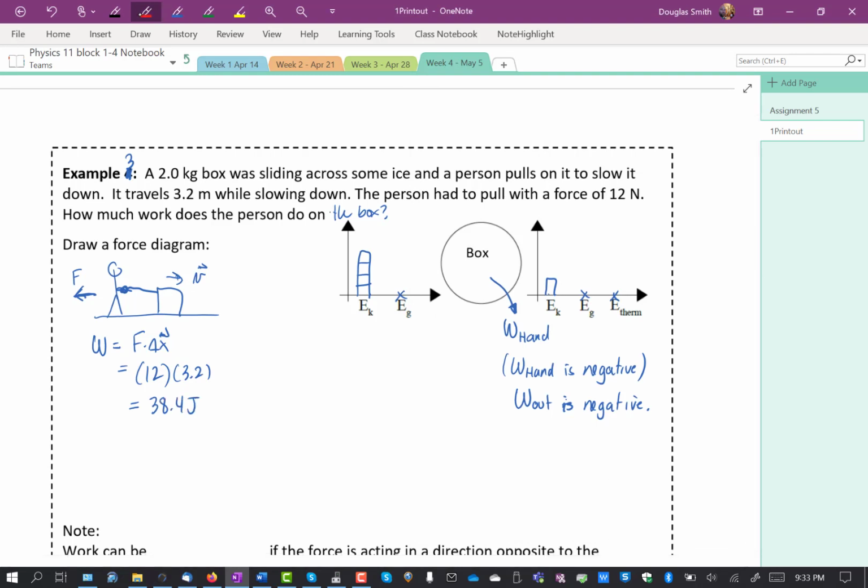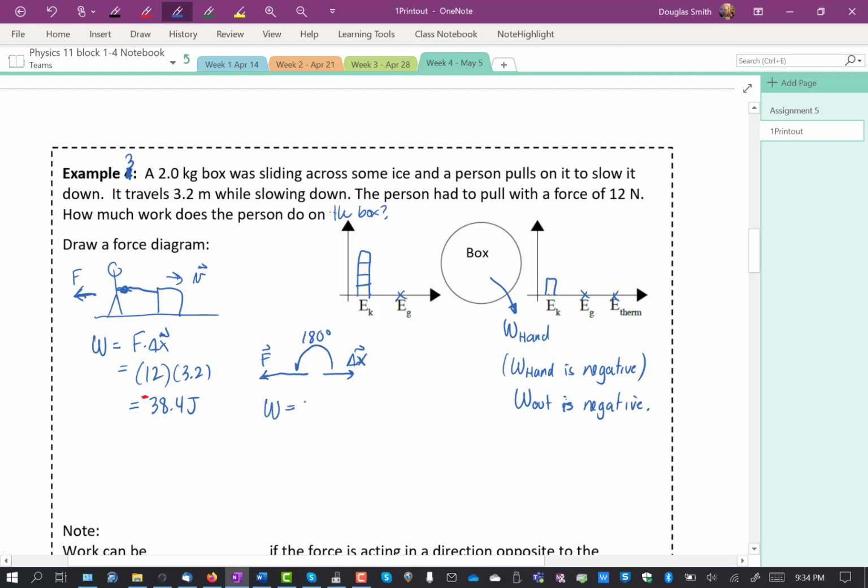Okay, so we know it's supposed to be negative. It's coming out. We can also show that it's negative by looking a bit more carefully at our diagram and our equation. This is the direction of the force. That's the direction of the displacement. Even though it's being slowed down, the displacement is that way. And this is 180 degrees.